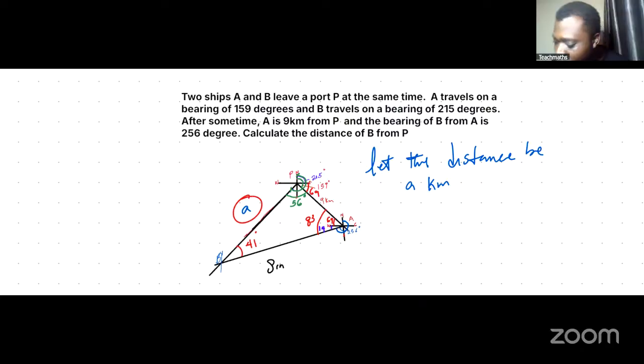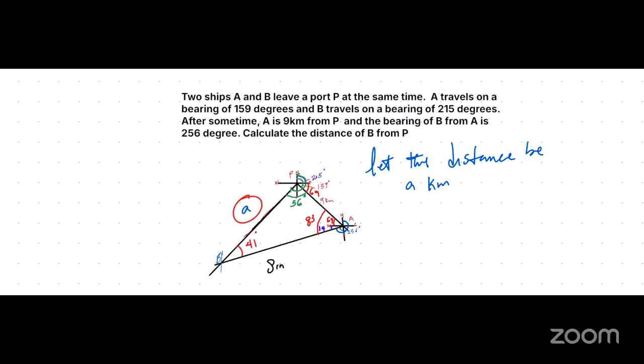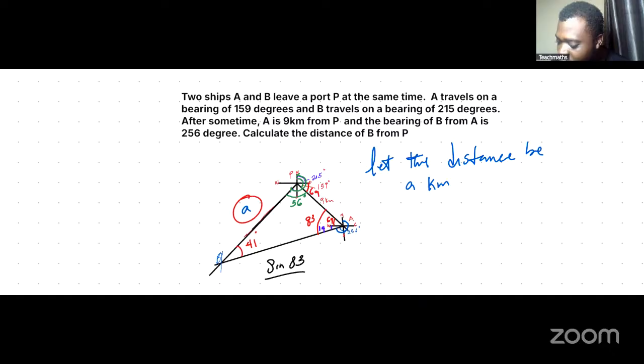So now this is going to be sine 83 over A equals sine 41 over 9 kilometers. You can cross multiply: sine 41 equals 9 times sine 83. So A will be equal to 9 sine 83 divided by sine 41.